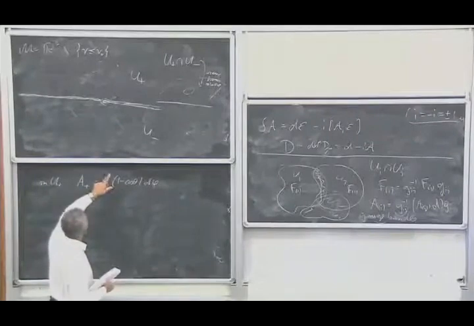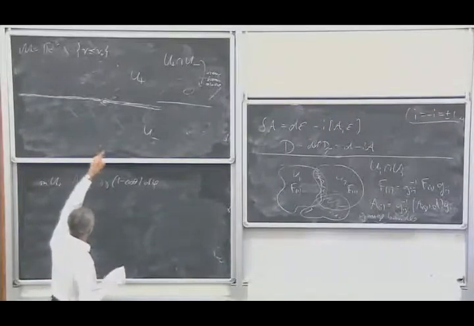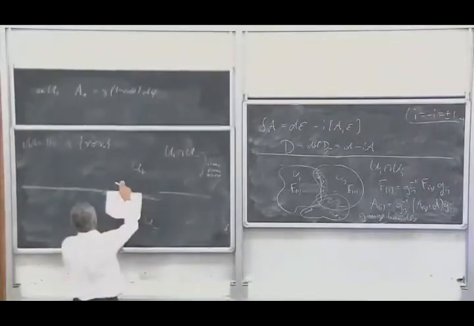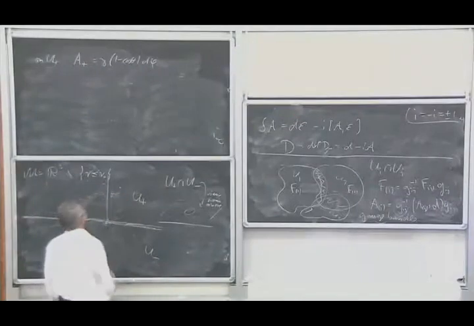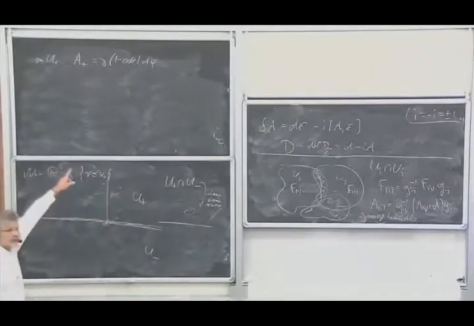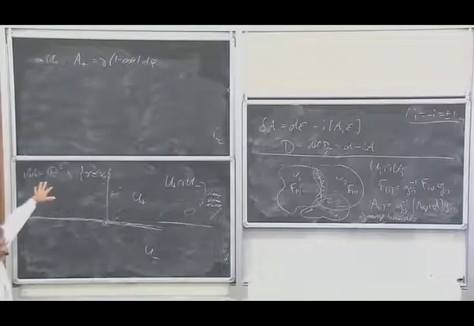But on the part of the z-axis that is contained in U plus, that's theta equals 0. At theta equals 0, the cosine is 1 and 1 minus cosine vanishes. So A plus is well defined everywhere on U plus.